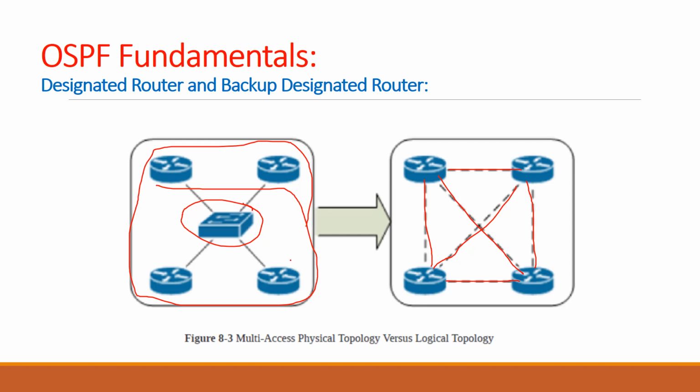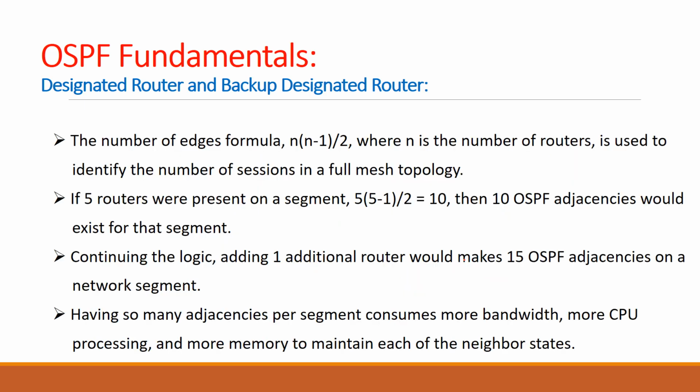This occurs in a multi-access network. This is the physical topology, and this is the logical topology. The number of edges formula is n multiplied by n minus 1, divided by 2, where n is the number of routers, and it is used to identify the number of sessions in a full mesh topology.